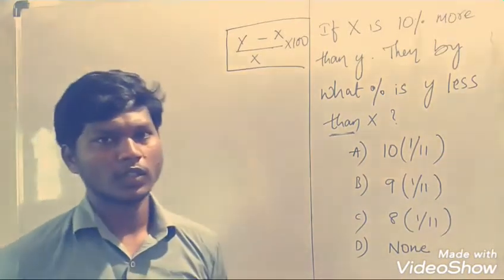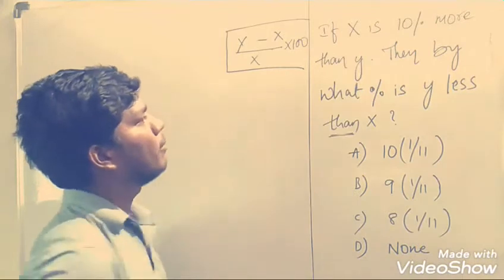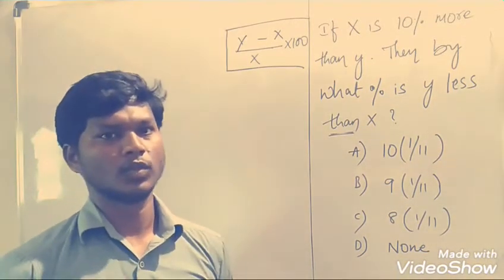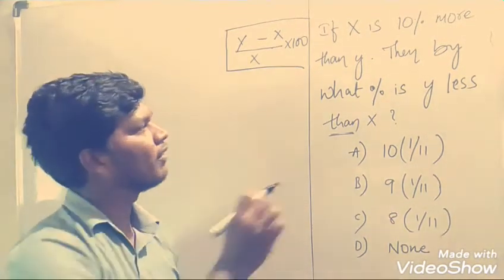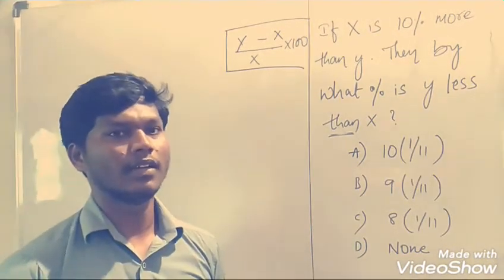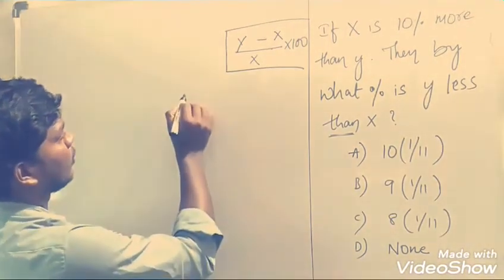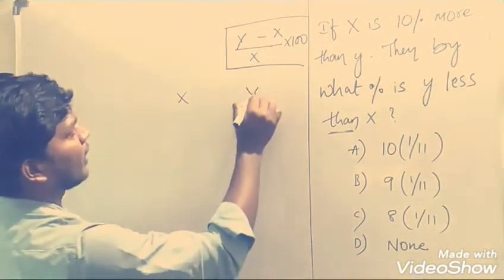Okay friends. He said that x is 10% more than y. There are no particular values of x and y, so that is the reason we take the base value as 100. Suppose it is x and this is y.